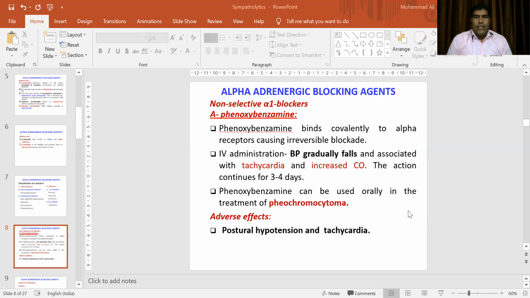Now coming to the non-selective alpha blocker such as phenoxybenzamine. This compound binds covalently to alpha receptors, causing irreversible blockage. In intravenous administration, blood pressure gradually decreases and is associated with tachycardia and increased cardiac output.